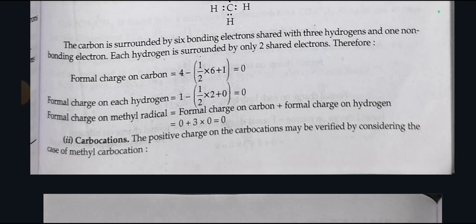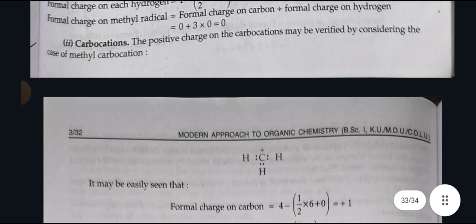Each hydrogen is surrounded by 2 shared electrons. Therefore, formal charge on carbon is equal to 4 minus 1/2 × 6 plus 1, which is 0. Formal charge on each hydrogen is equal to 1 minus 1/2 × 2 plus 0, which is 0. Formal charge on the methyl radical is equal to formal charge on carbon plus 3 times formal charge on hydrogen, which is 0 plus 3 × 0, equal to 0.